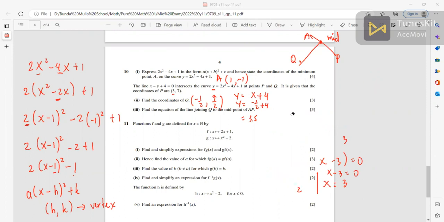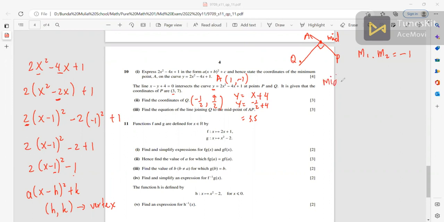We have to find the gradient first. Remember, if we see a case like this, it is perpendicular. When perpendicular, the first gradient times the second gradient equals minus 1. So we have to find the midpoint of AP first.